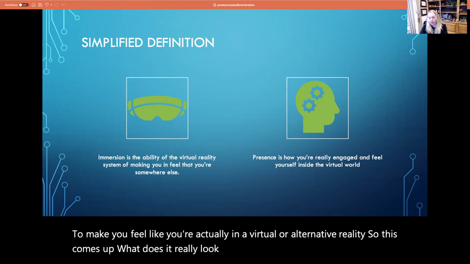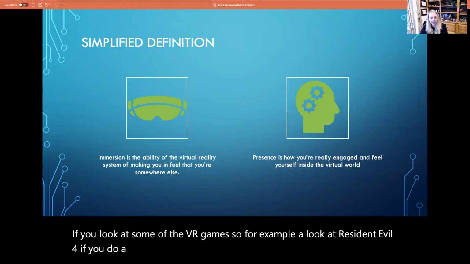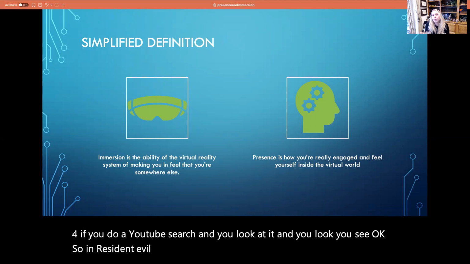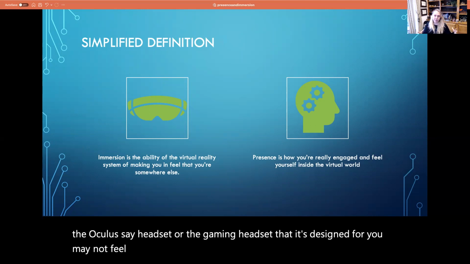So what does it really look like? If you look at some of the VR games, for example Resident Evil 4, if you do a YouTube search, you see that it's not terribly realistic looking. So when you put on the Oculus headset or the gaming headset that it's designed for, you may not feel quite as immersed in the world because it doesn't seem as real. It looks like a video game.